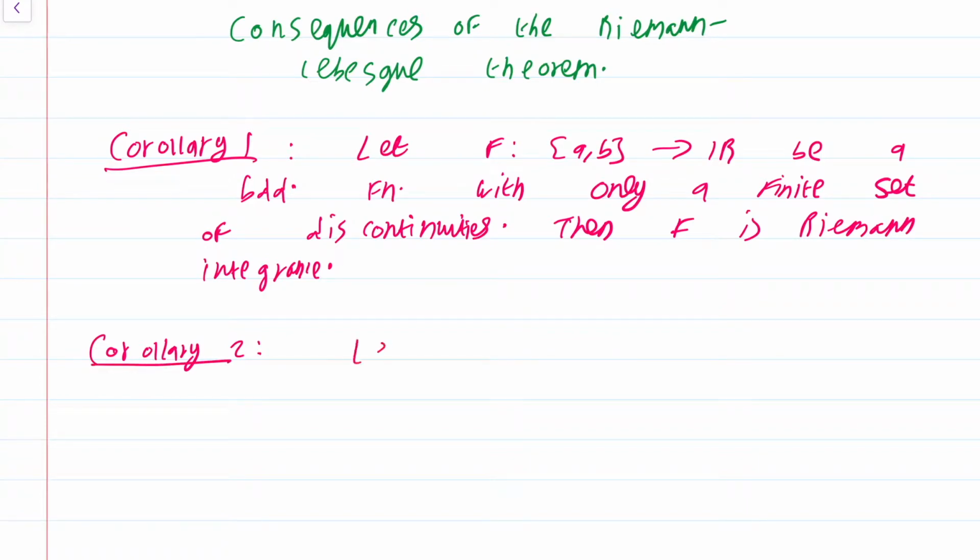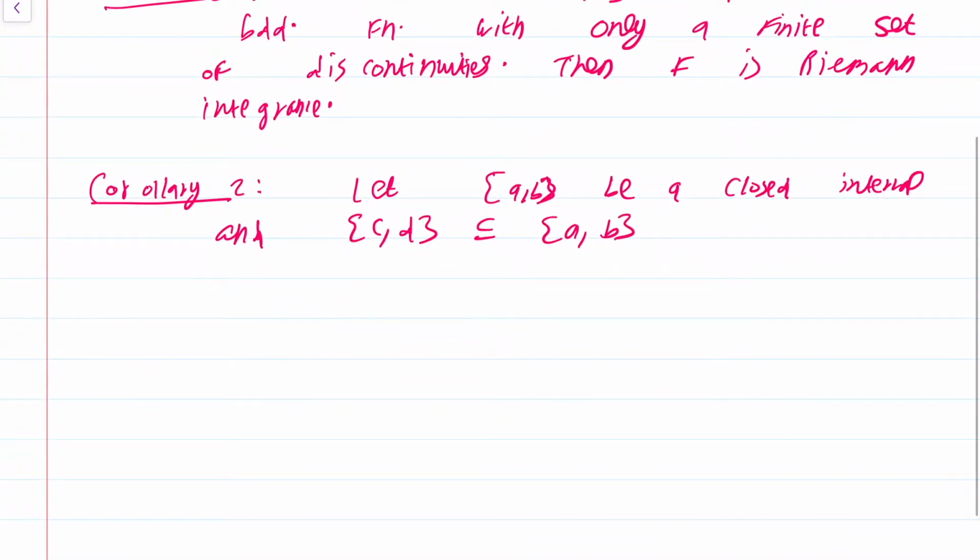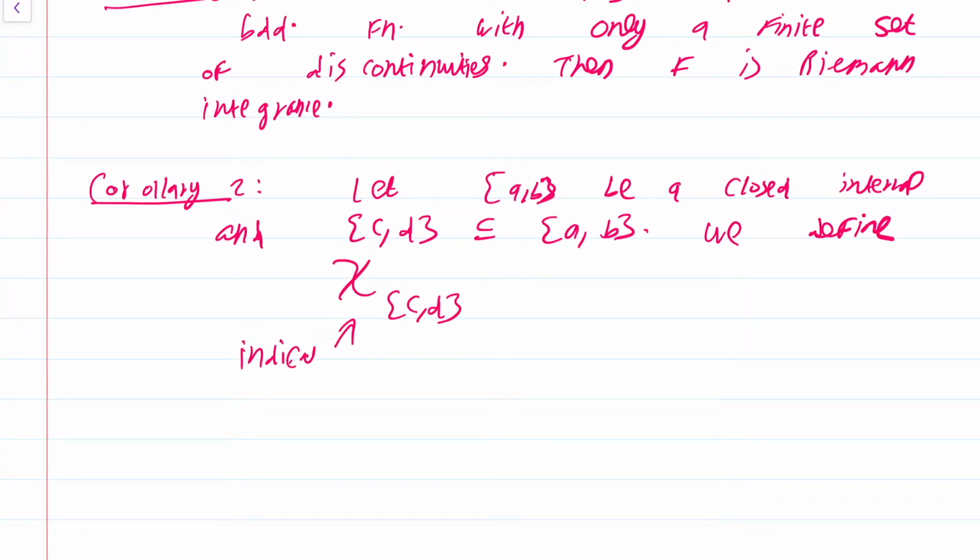So let [a, b] be a closed interval, and [c, d] be a subset of [a, b]. Now we define chi of [c, d]. This is called the indicator or characteristic function of [c, d].